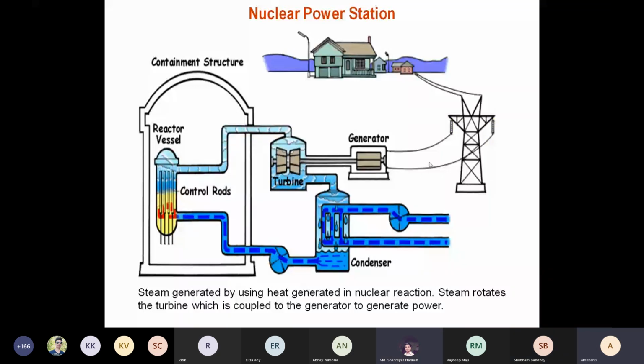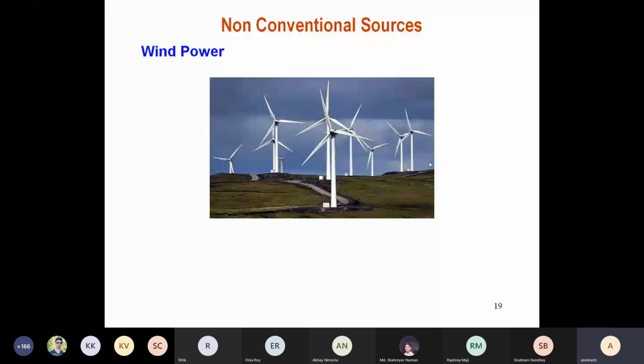Now, another source of energy is the non-conventional sources. Ultimately in a generator, what is required is to rotate the generator. In many places where there is a lot of wind, you can use the wind power to rotate these huge turbines. These are huge structures.